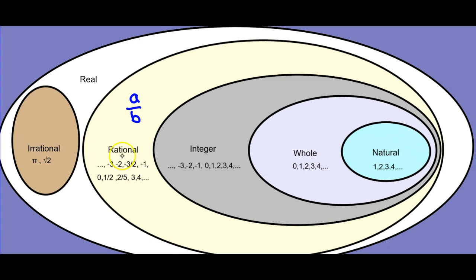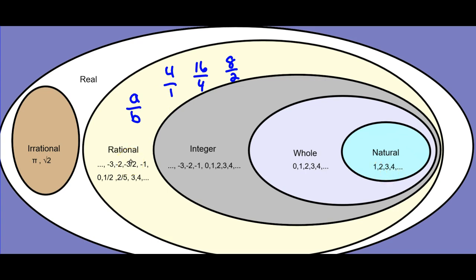So it includes these numbers over here, because if I want to write the number 4 as a fraction, you could write it as 4 over 1 or 16 over 4, 8 over 2. There's lots of different ways I can take these integers and write them in fraction form where the bottom's not 0 and it is equal to 4. So 4 is also a rational number.